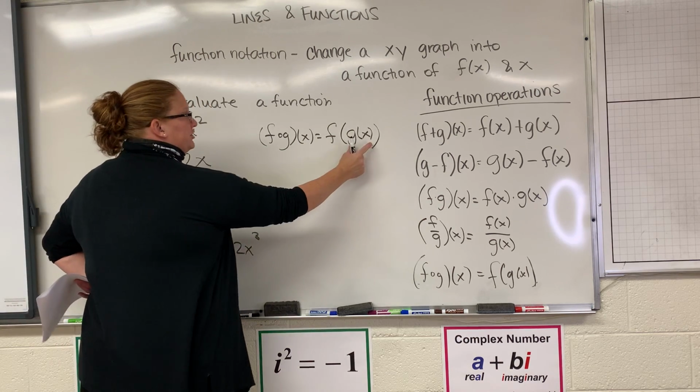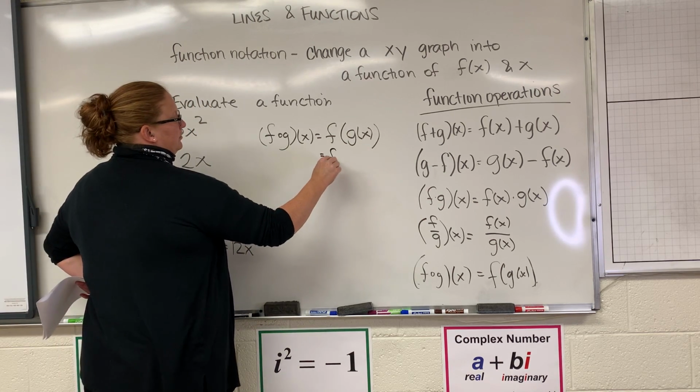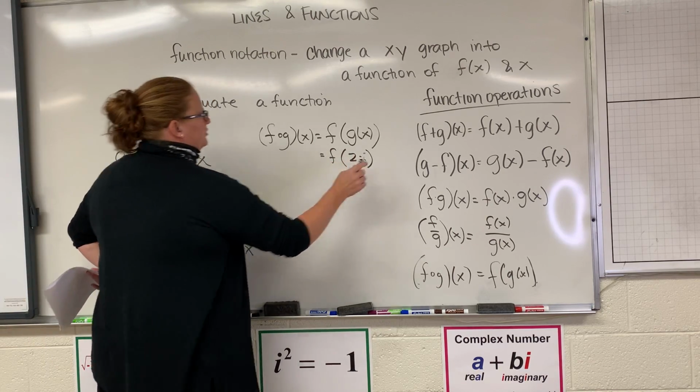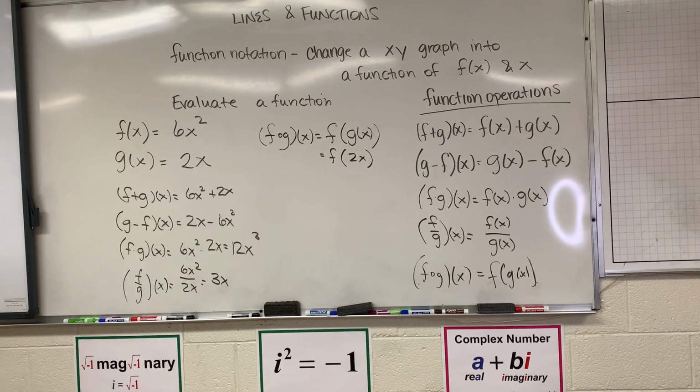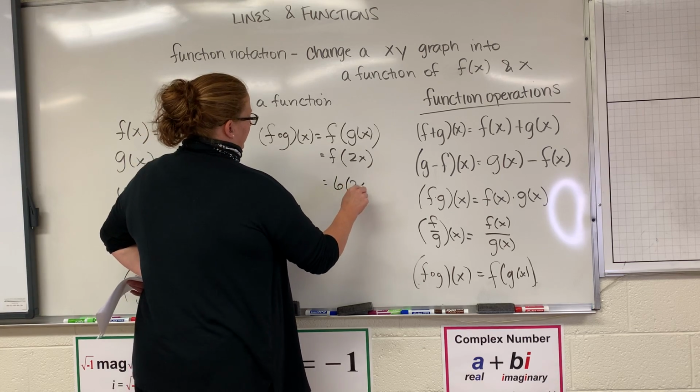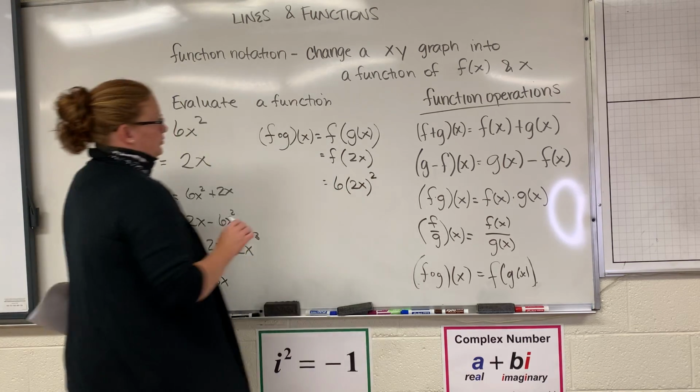Okay, so first, what is g of x? It's 2x. So I can replace g of x with what its equivalence is, which is 2x. Now what this is saying is evaluate f at 2x. And we just did an example similar. So now I say 6 is 2x squared.